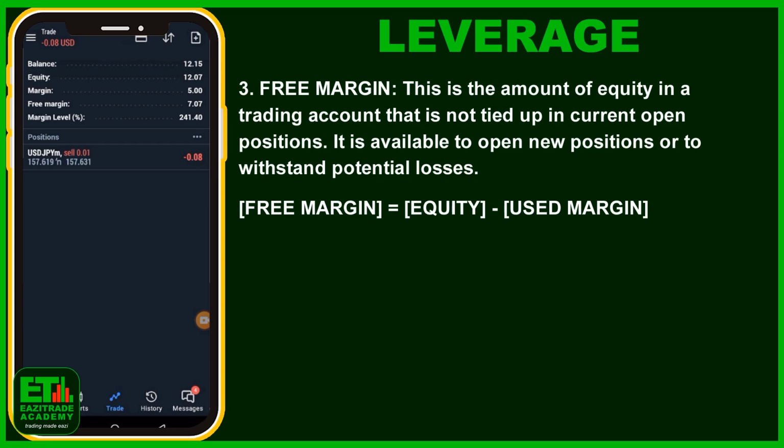For example, if your equity is $1,200 and the margin required for your open position is $1,000, your free margin would be $200. So that means as at the time you took that trade, you have a free margin left of $200.